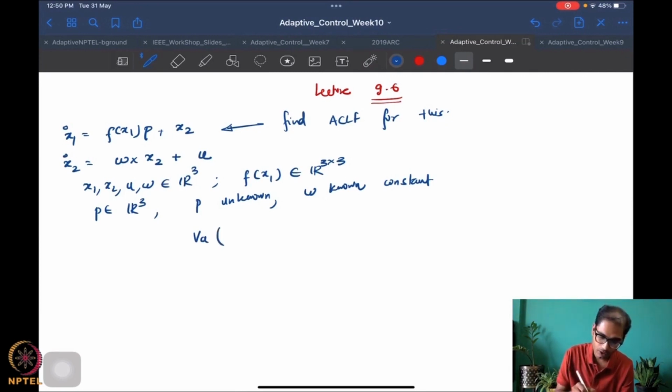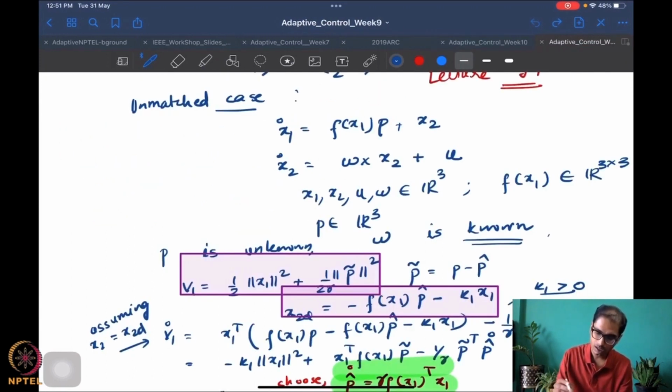All right. So what we propose is our VA, assuming again that everything is known, so P is known, so I'm going to call this VA of x1 comma P equal to 1/2, let's see, is this correct? Is this correct is the question here.